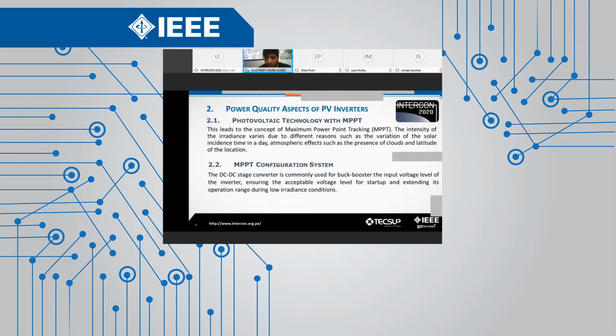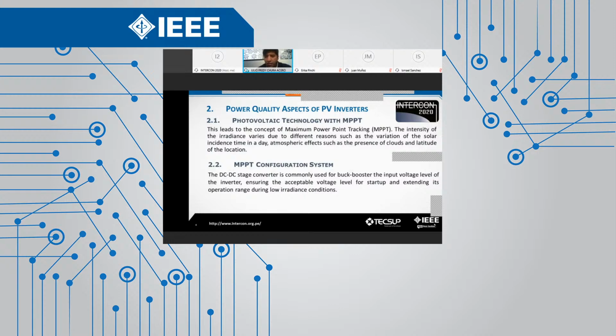At this moment, in the world, solar technology is growing. The intensity of the irradiance varies due to different reasons, such as the variation of the solar incidence time in a day, and atmospheric effects such as the presence of clouds and latitude of the location.